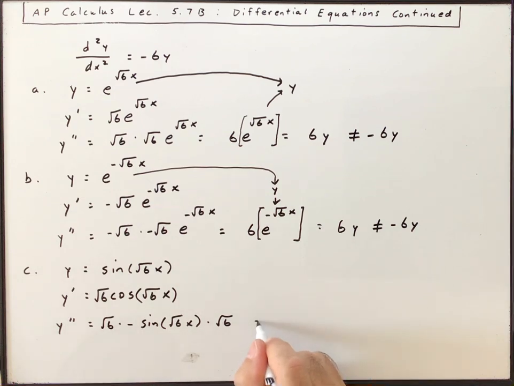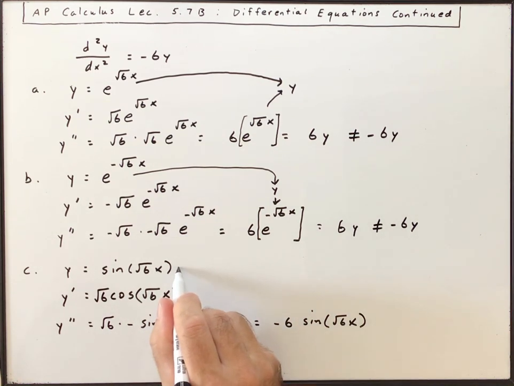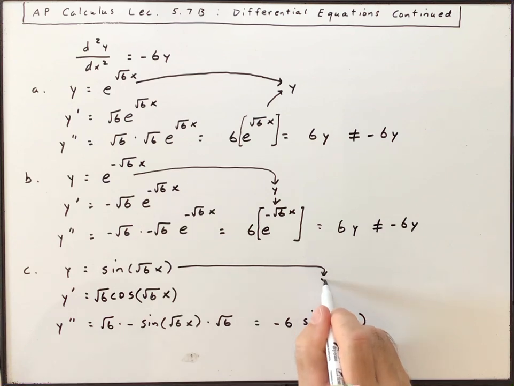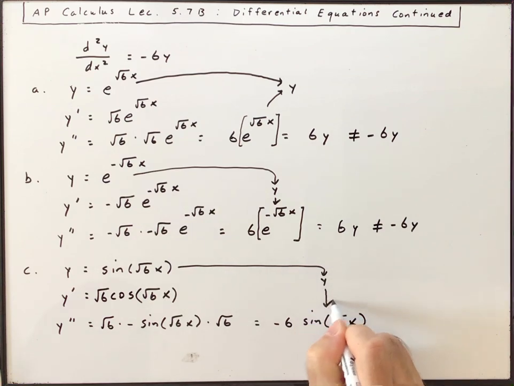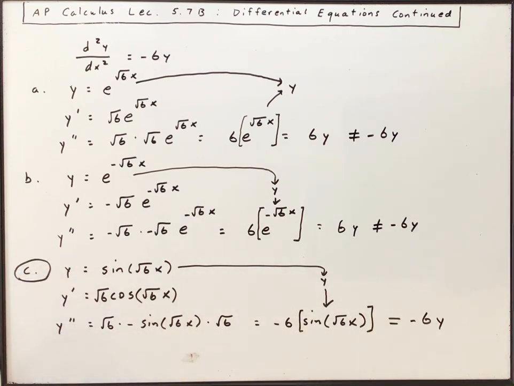So that's going to be negative, and then root 6 times root 6 is 6, so negative 6 sine root 6x. Well, y is sine root 6x, right? And we have a negative 6 out front. So that is equal to negative 6y. So the answer is C.